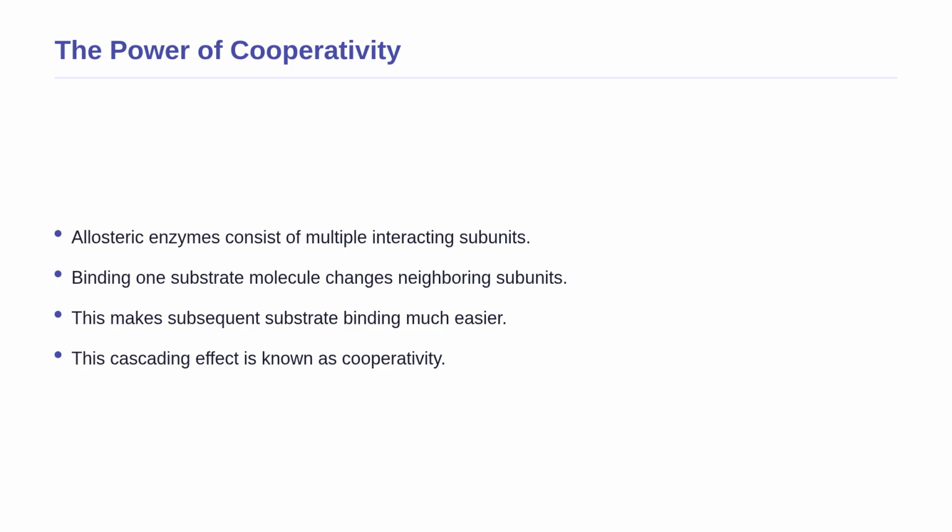This means that the binding of one substrate molecule to one subunit physically changes the shape of the neighboring subunits, making it much easier for subsequent substrate molecules to bind. It is a cascading effect. Once the first molecule attaches, the enzyme rapidly opens up, accelerating the reaction. This cooperative behavior is what gives allosteric enzymes their unique and powerful regulatory capabilities.